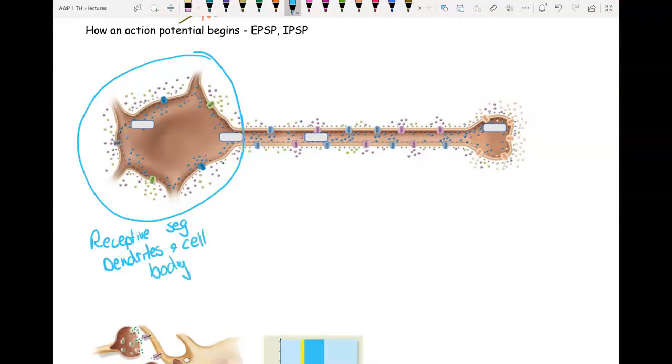So remember, these are the parts that receive a signal from another neuron. And that signal is in the form of neurotransmitter.